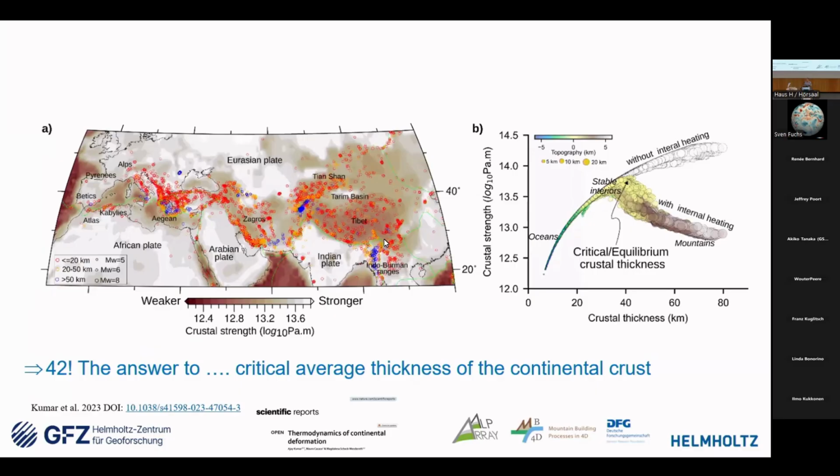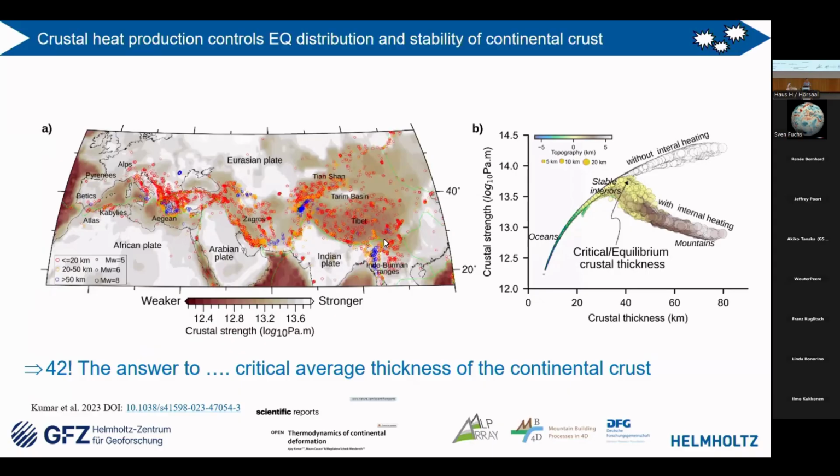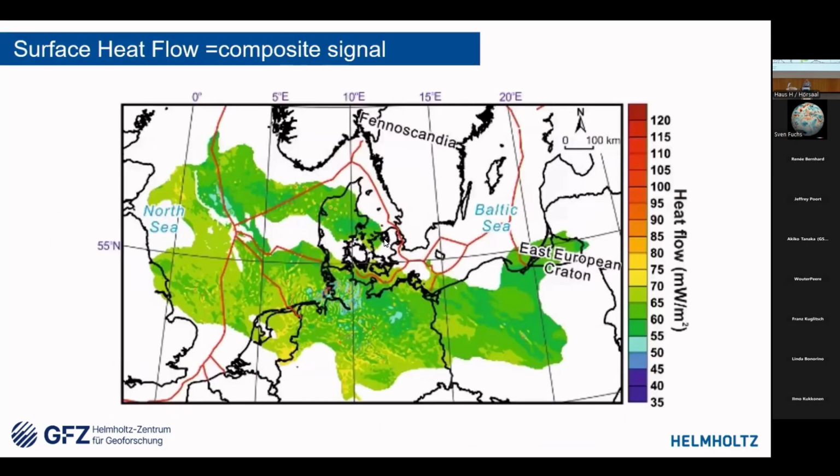But if we consider radioactive heat production, we reach a critical value when the crust thickens to a certain point and then it becomes weaker again. And this is what you see here. So the heat production is controlling the stability of the continental lithosphere. So knowing that is, of course, relevant to understand geodynamics and deformation.